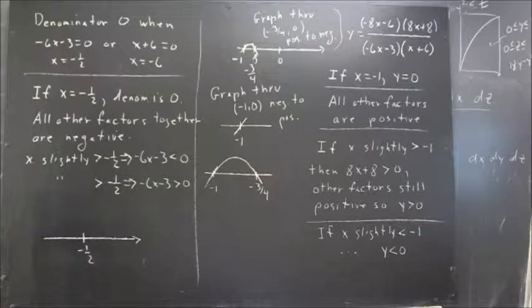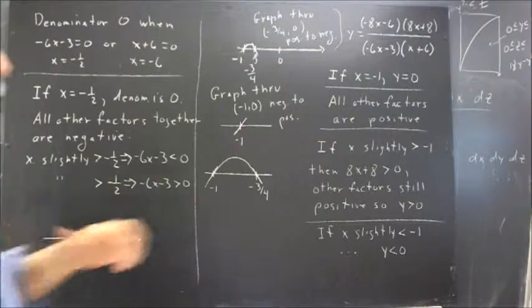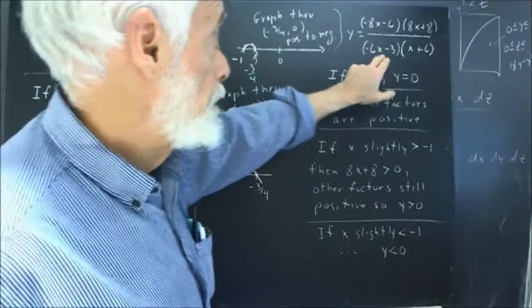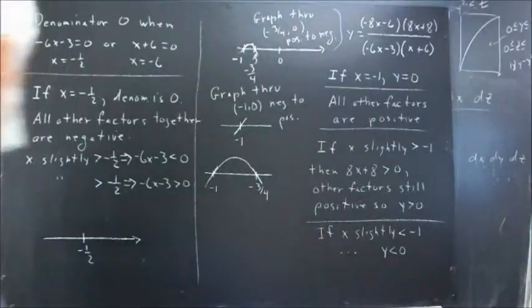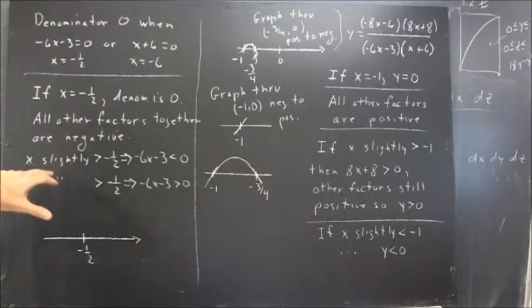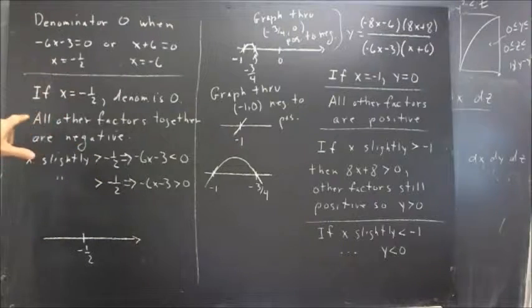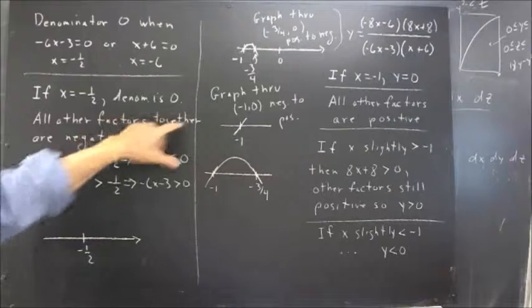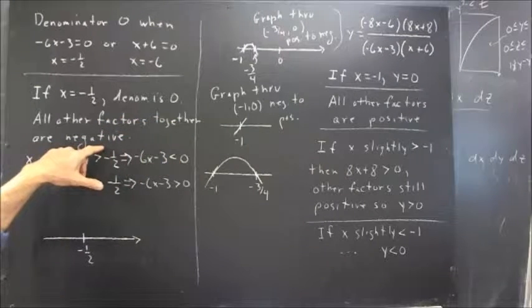We want to determine what the sign of y is, whether it's positive or negative on either side of this 0 at negative 1/2. If x is negative 1/2, the denominator is 0, and all the other factors together become negative.